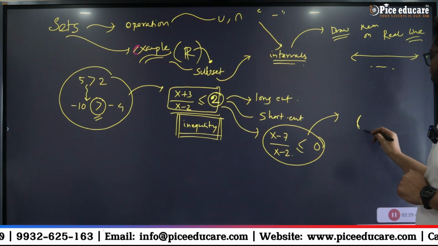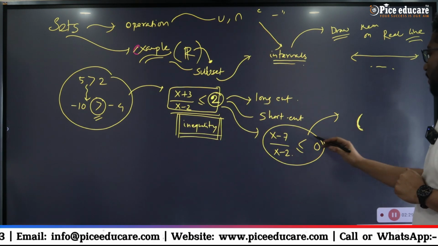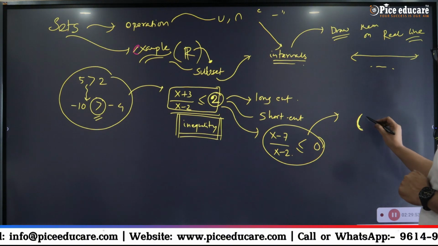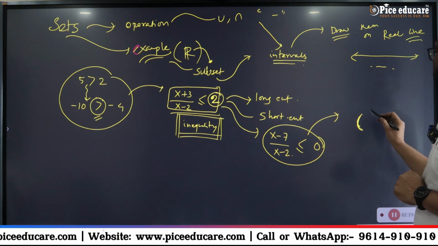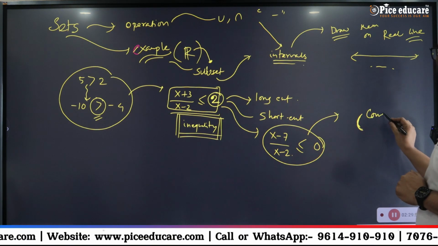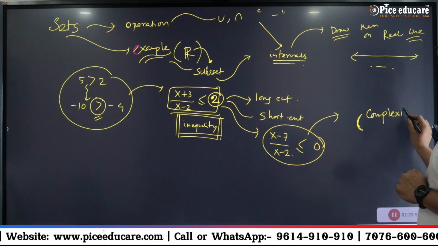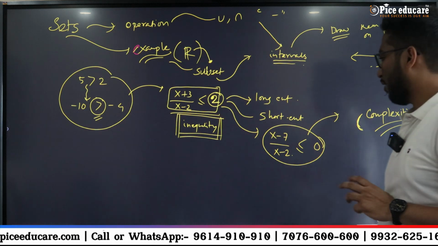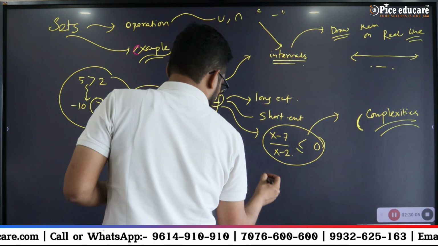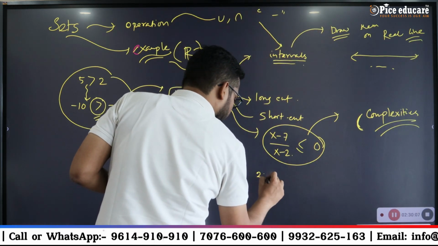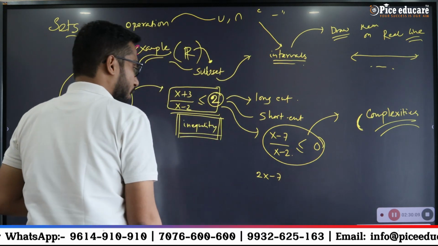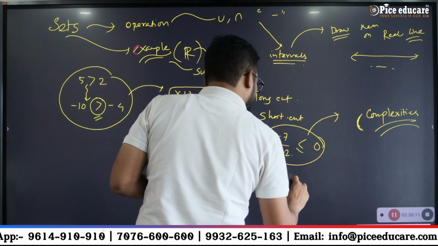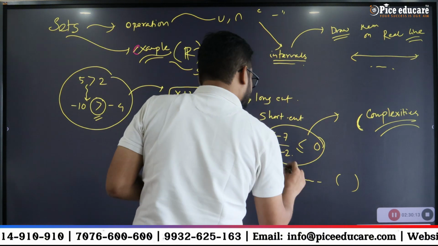We started from this simple problem and then slowly started adding complexities. So in place of x minus 7 we took 2x minus 7. We may add multiple such factors. We added powers.